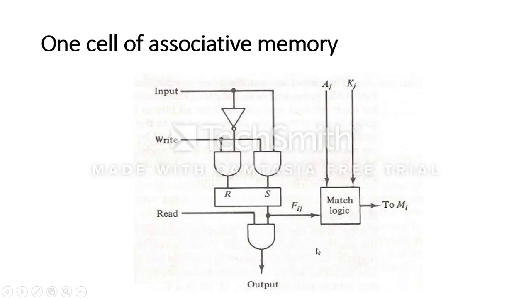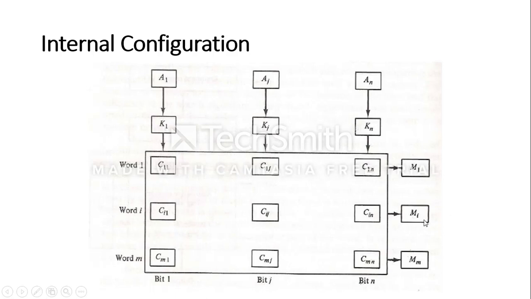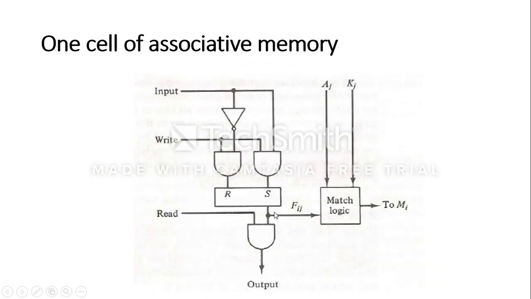Now here, as you can see from this diagram, with each memory word one bit of the match register is also associated. Whatever is the value Fij available in the flip-flop is also given to the match logic.